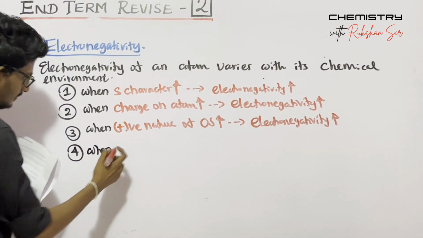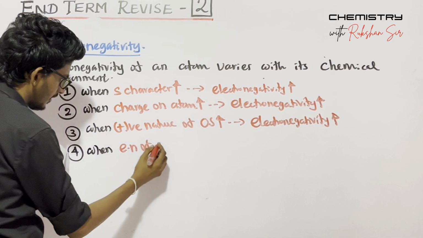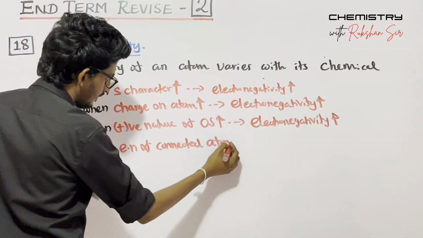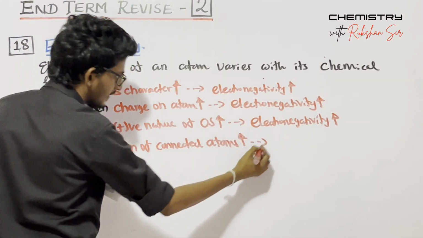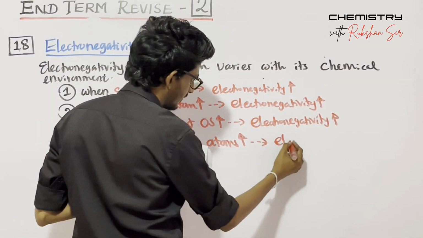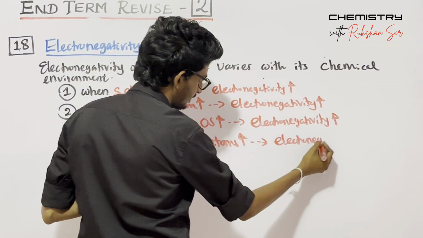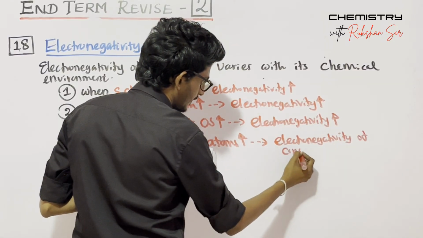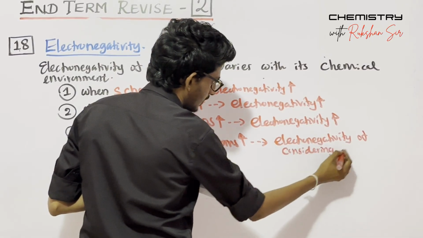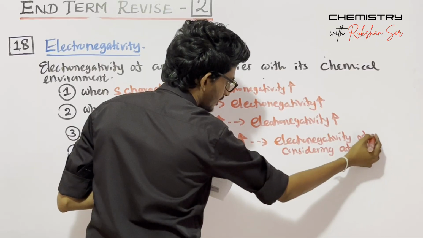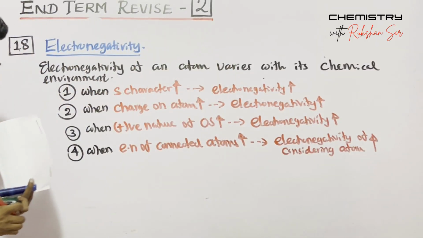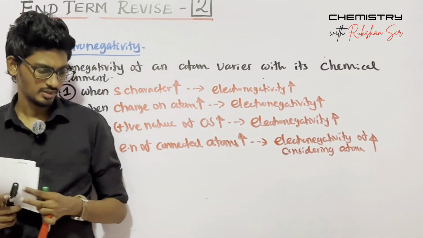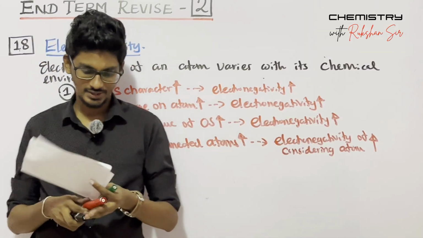When the electronegativity of the connected atoms is high, the considering atom's electronegativity is also high. Those are the four chemical environment factors which will decide the electronegativity variations. Okay, let's discuss the situation here.